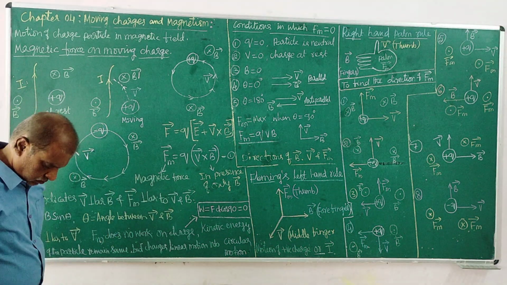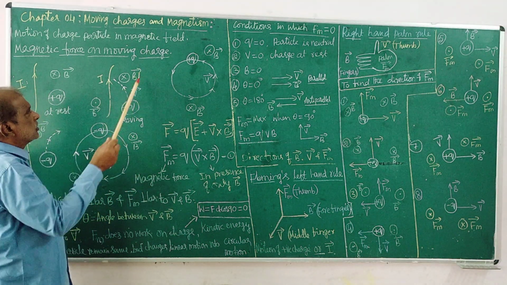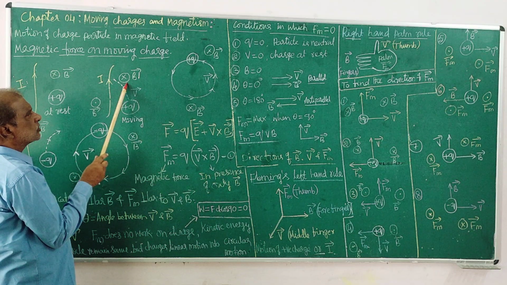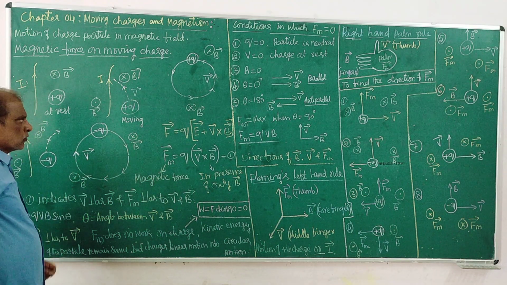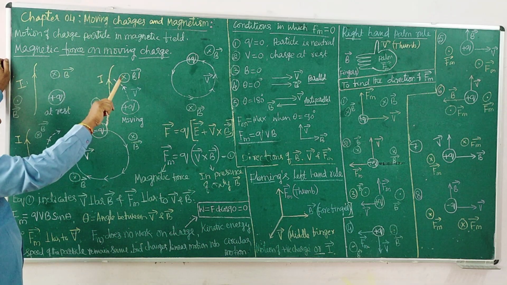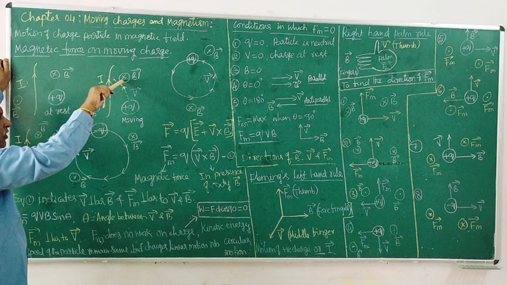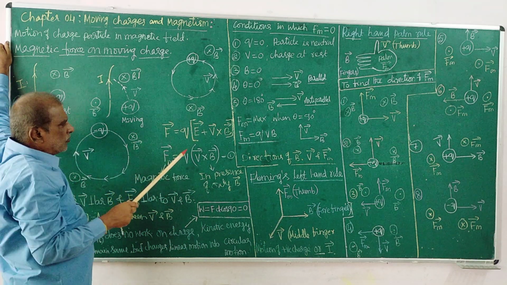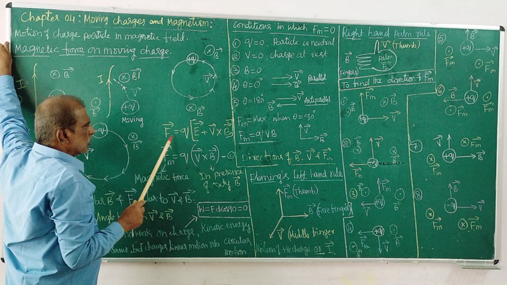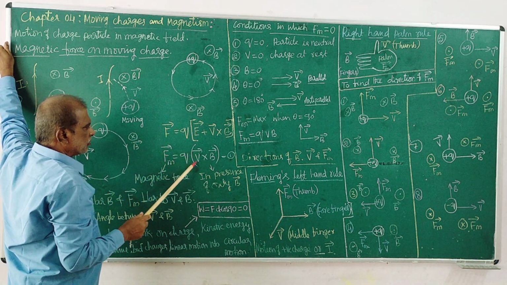But here we are considering only magnetic field, no electric field is present. That is E equals 0. If you put E equals 0, the equation reduces to this form.